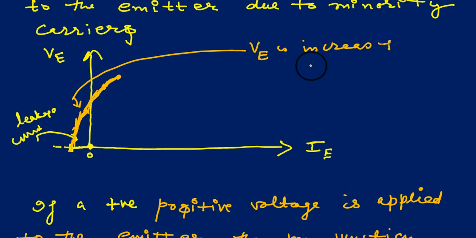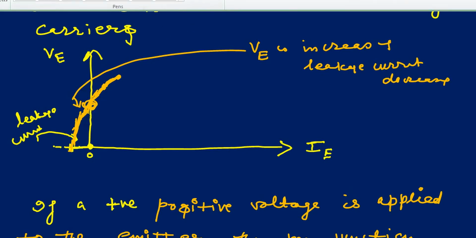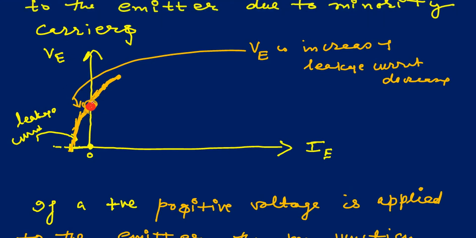When VE is increasing, leakage current is decreasing, and here leakage current becomes 0 at this point. At this point the voltage is VP, the peak voltage, and the current is the peak current IP.